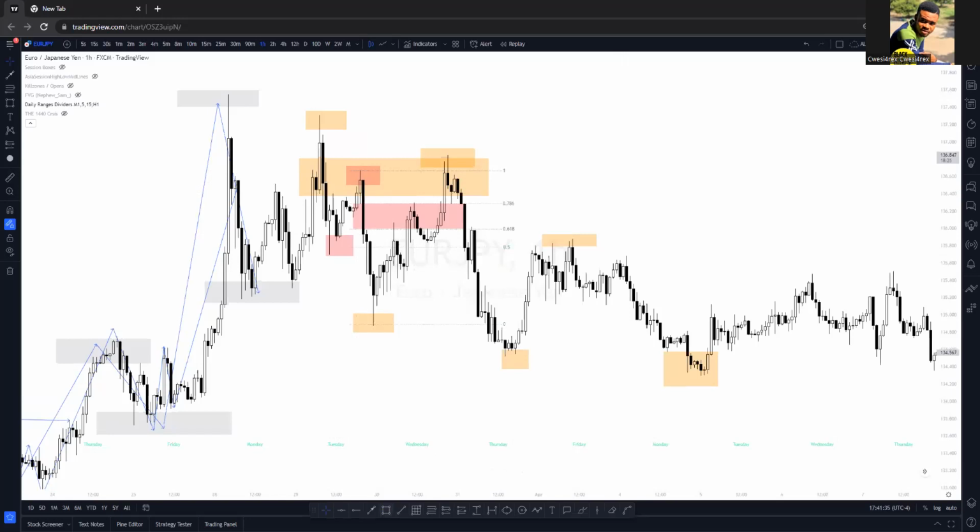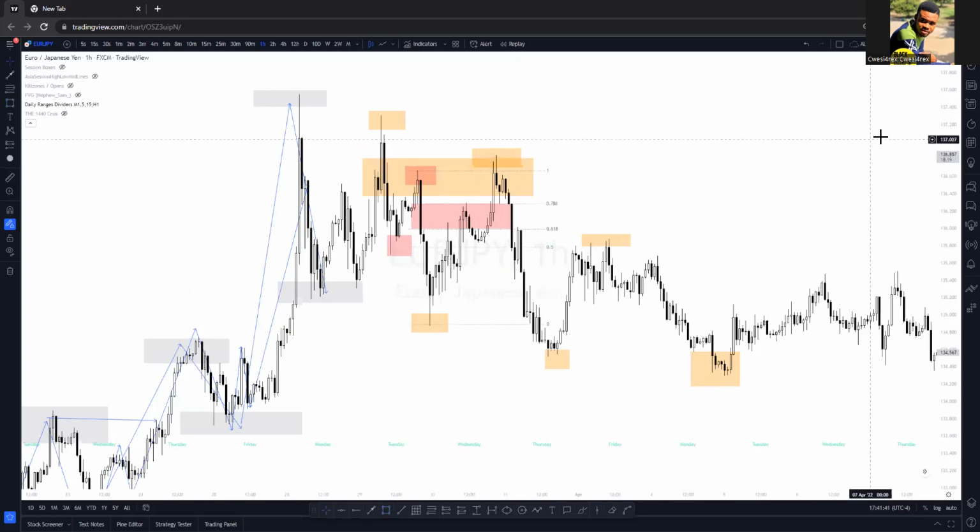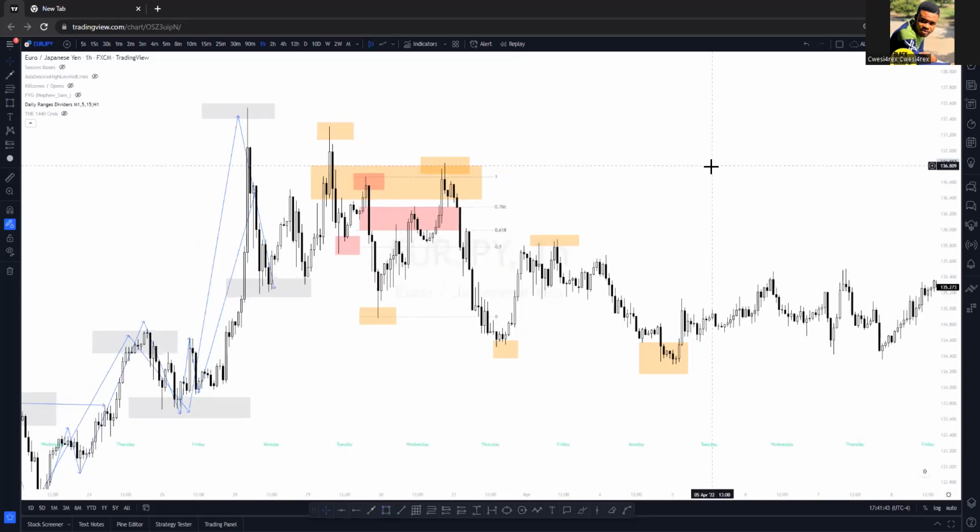So the H1 structure now becomes an inducement towards the H4 market structure. So you as an advanced smart money trader, you have to know that this place becomes, since it's H1, right?